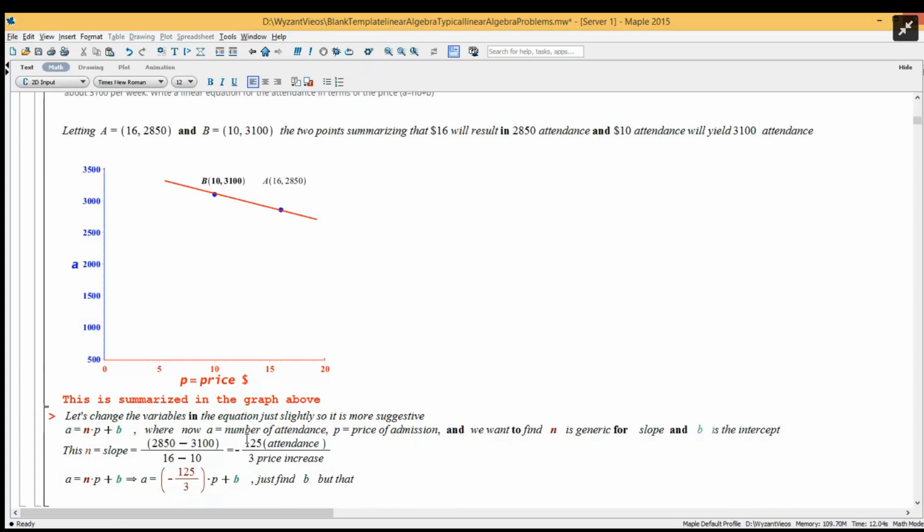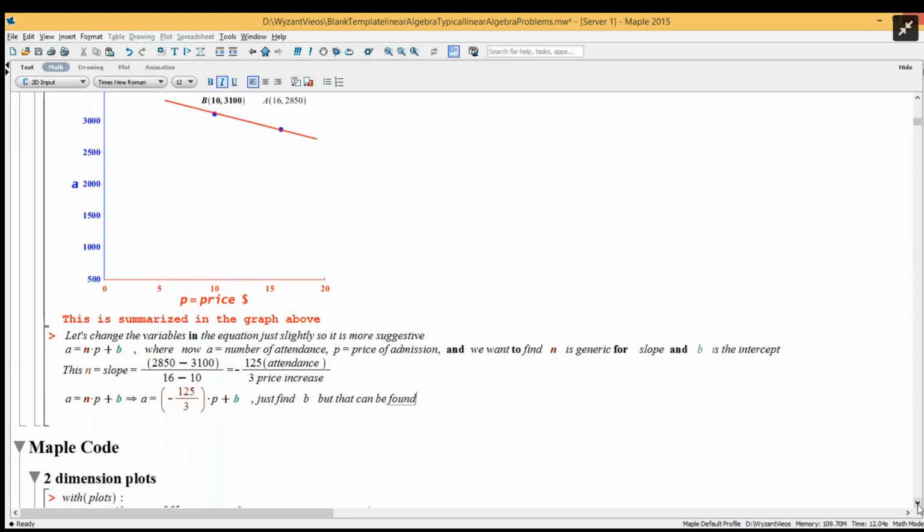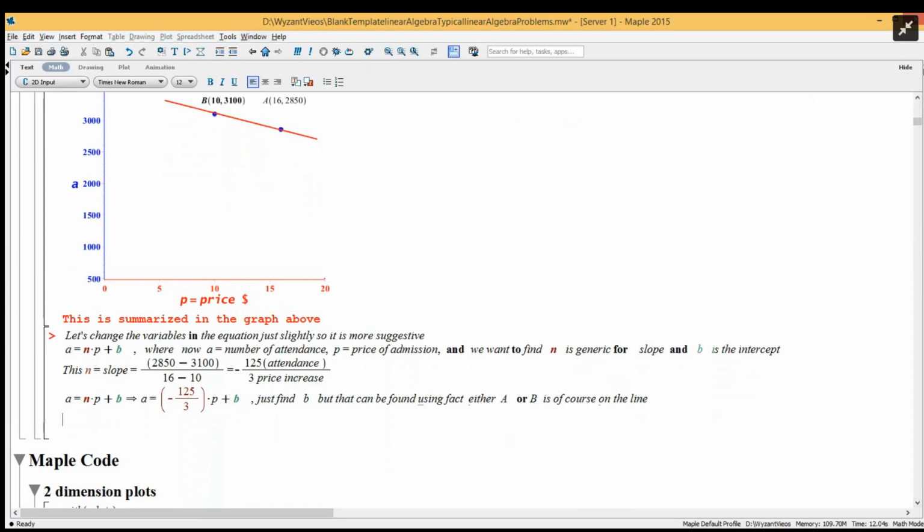That can be found using the fact that either A or B is, of course, on the line. Let's use B because B is easier to calculate. B means that when the price is 10, attendance is 3,100.